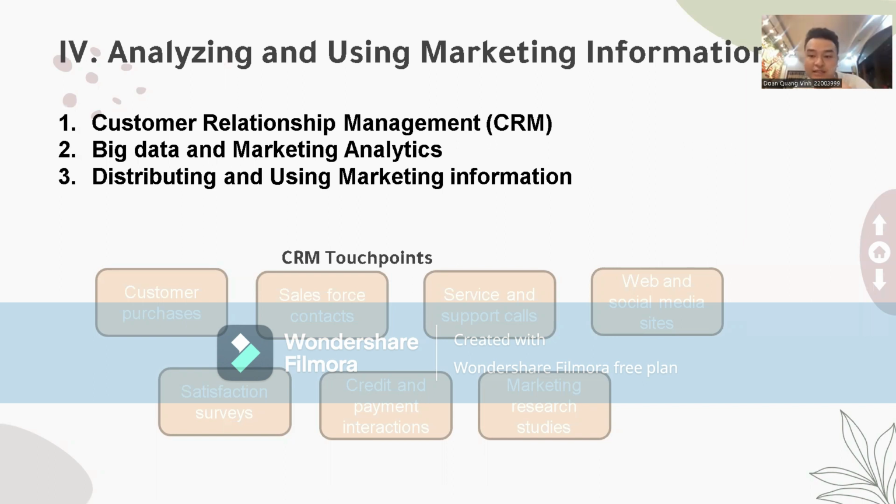Managers need assistance to gain customer and market insights that will improve their marketing decisions. The application of analytical models may also be needed to help marketers make better decisions.